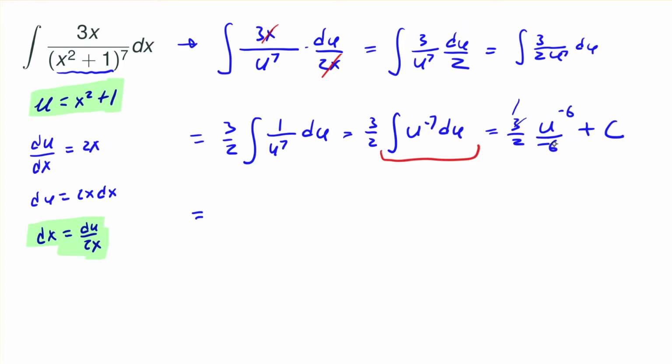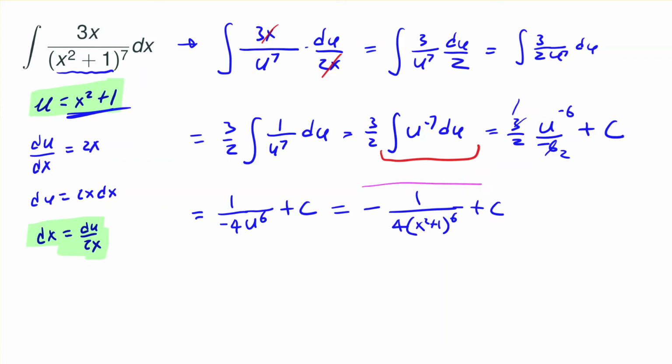So then we can rewrite this as, well, this can simplify, right? 3 over 2 times 1 over negative 6 gives 1 over negative 4. And we can also bring u to the negative 6 to the denominator and make a positive exponent like this. So then the final answer is negative 1 over 4 times u, which is the same as right here, x squared plus 1. So we need to plug back in, to the 6th power, plus c.